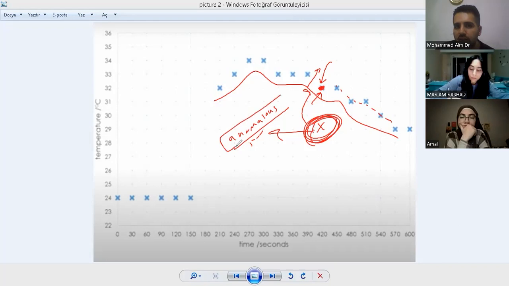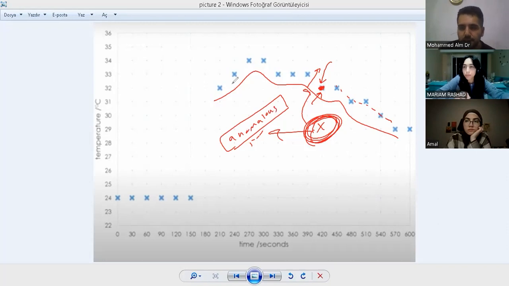You will always be asked about the anomalous point. Whenever you have points, you will definitely have an anomalous point, and you are asked the reason. The reason will be given in the experiment. As you read the experiment, you will see something unusual. So this will be the source of error.